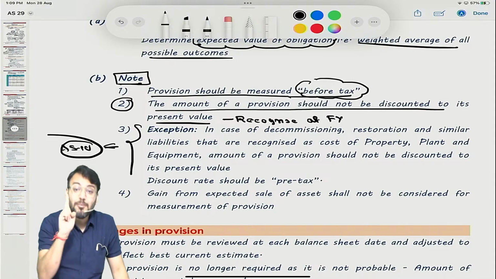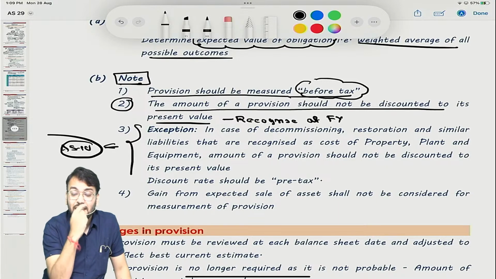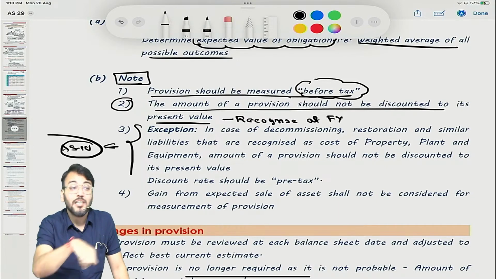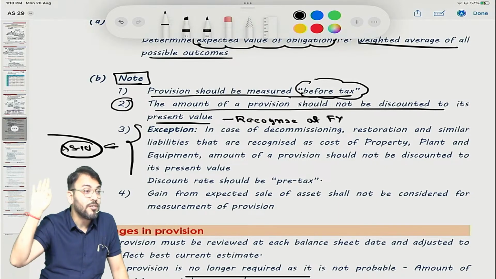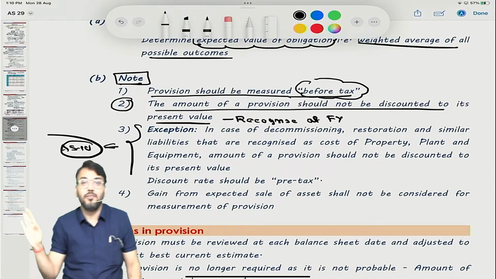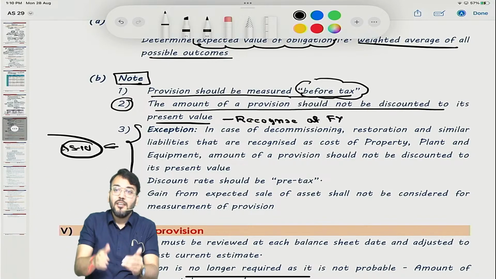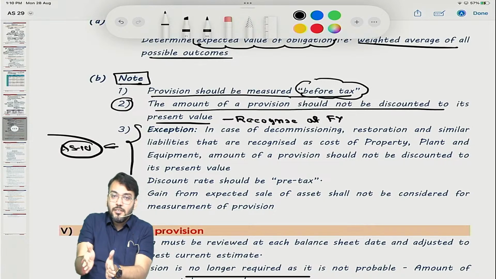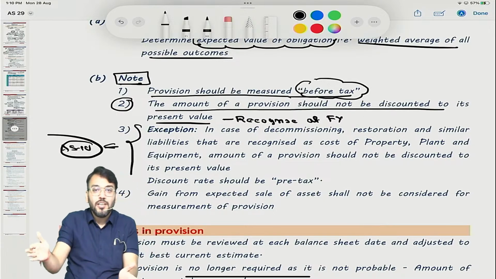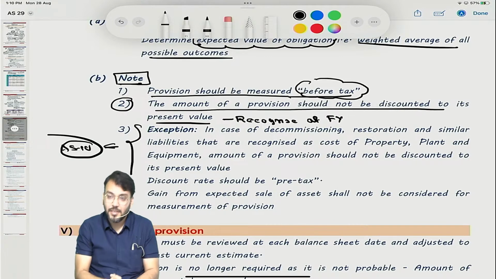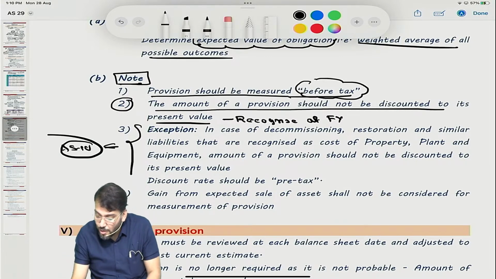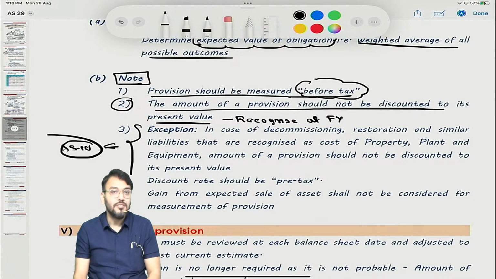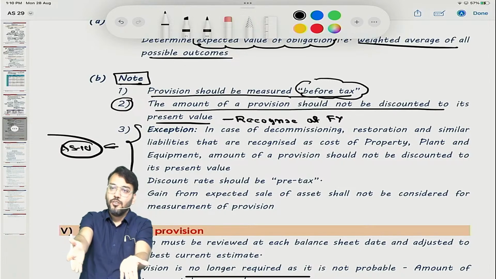Means there is only one particular case in which we calculate present value. Otherwise we recognize the provision at future value. Means can I conclude that provisions should be measured without discounting to present value? Correct. Means recognize at future value.